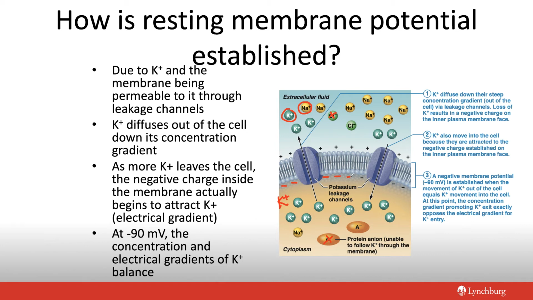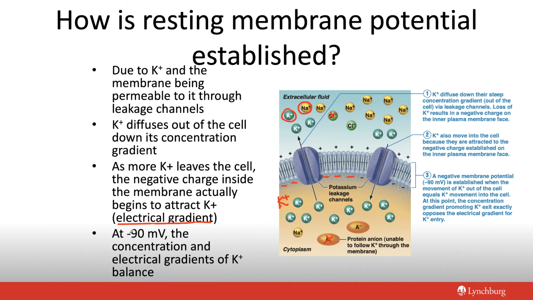In fact, so much so that this negative charge created inside the plasma membrane eventually attracts potassium back into the cell through the electrical gradient that is established by the slow leakage of potassium out of the cell.